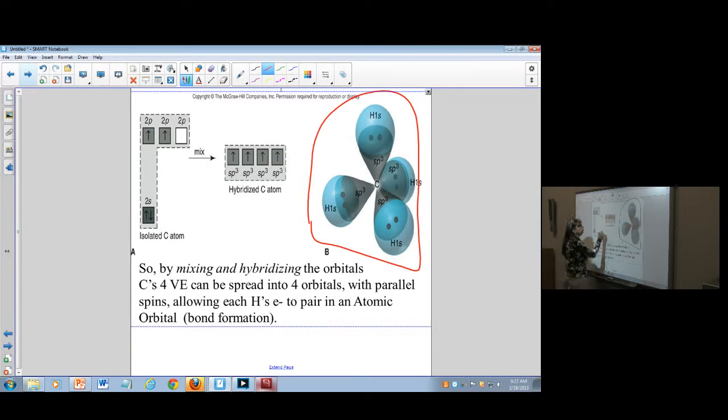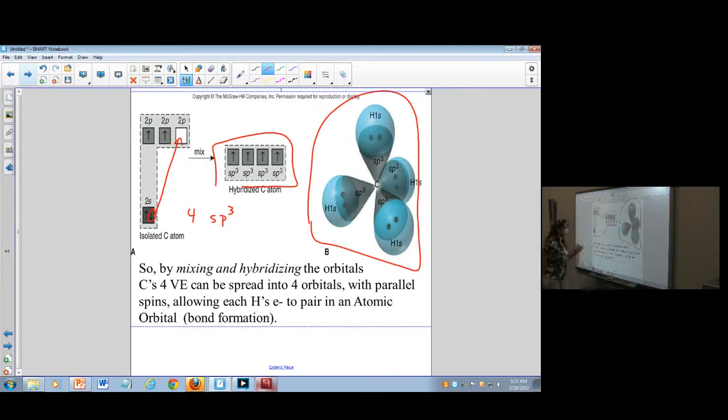When we bring these out, we're going to promote one of these to here, and we're going to end up with 4 sp3 orbitals. Okay, so we're going to hybridize the orbitals that we have, s's and p's, and form a new kind of molecular orbital here that we call valence bond. All right, so by moving this electron into the p orbital, that gives us 4 sp3s.